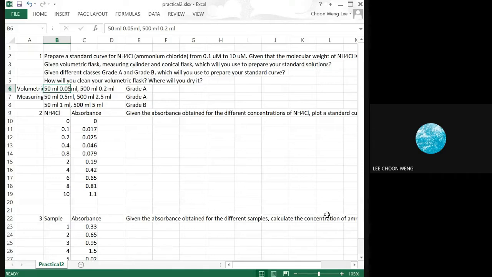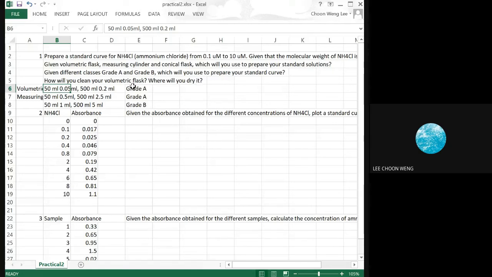The grade doesn't depend on the brand. Every brand, every Duran, Schott, will have their different grades. But for grade A glassware, usually it comes with a QC certification.